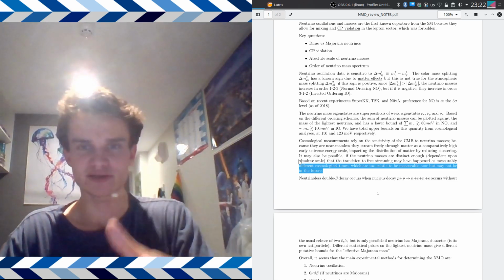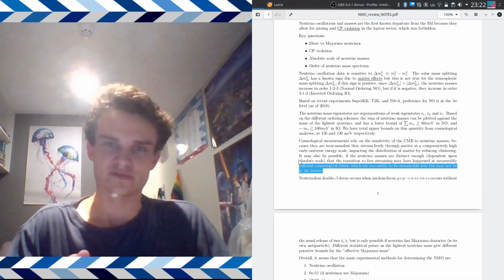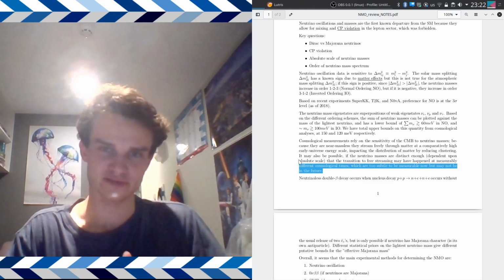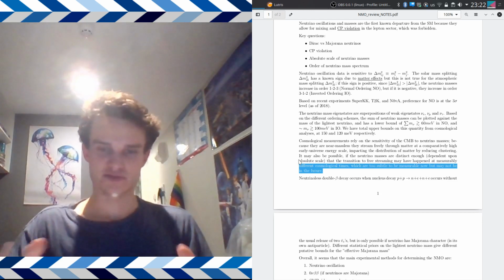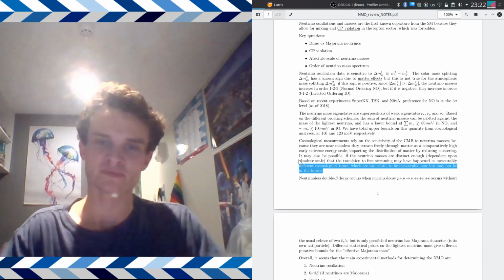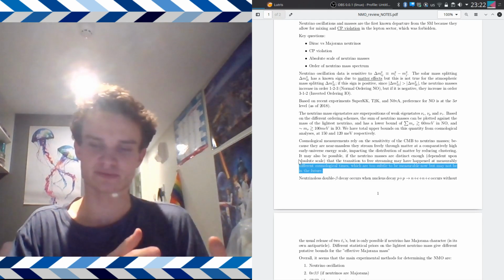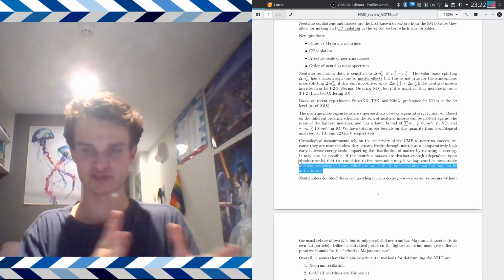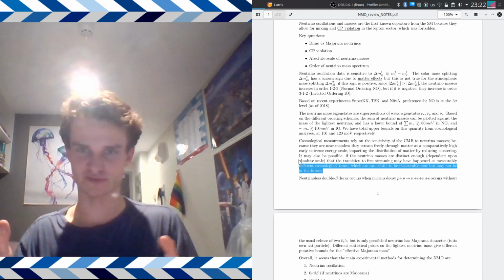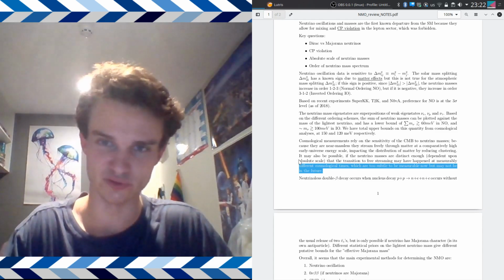So it may be that these neutrino masses are small enough on the same scale of the difference between them that those masses are actually quite different. But it's also possible that they're different from each other, but they're all large enough that it's not so comparatively noticeable.